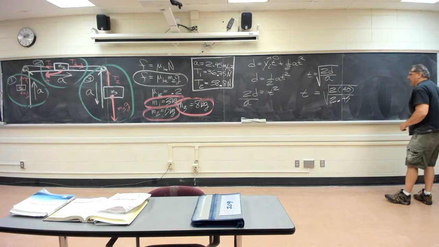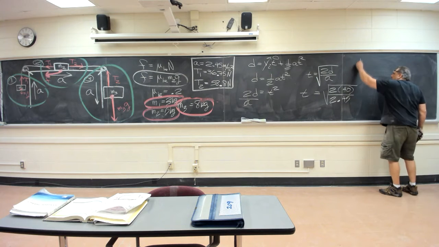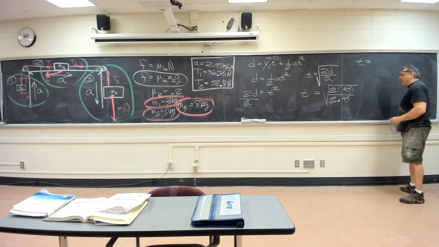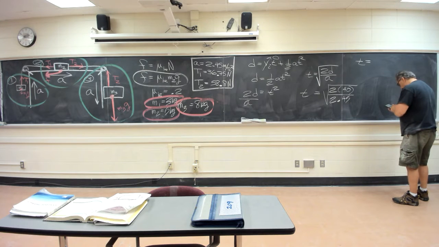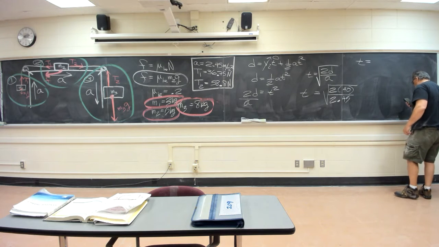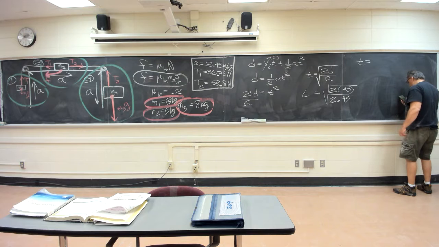The time it'll take for it to fall 40 meters is given right there: 5.714, something like that.